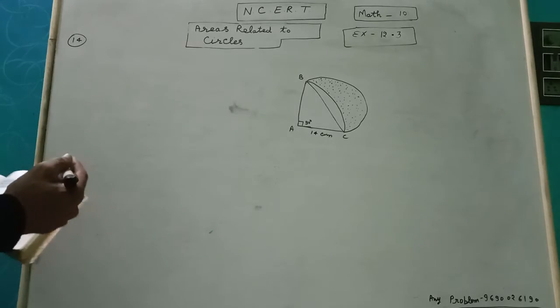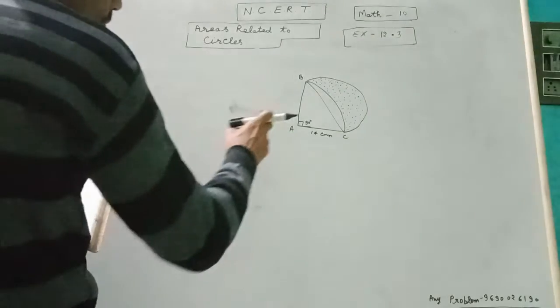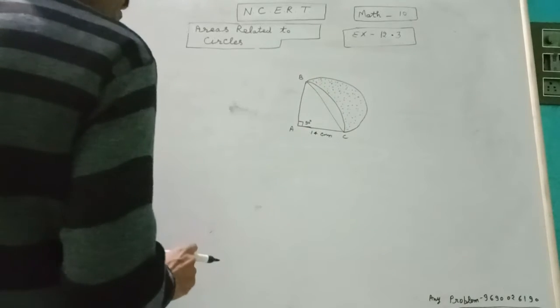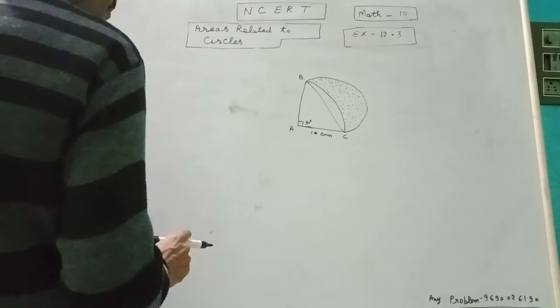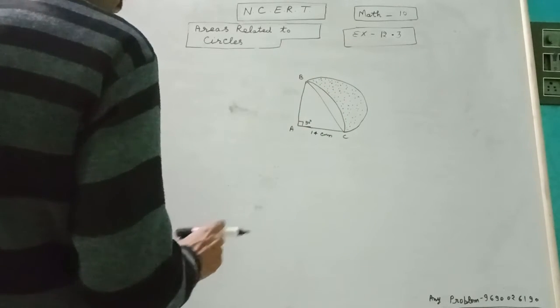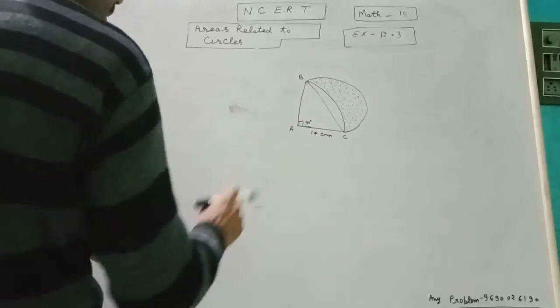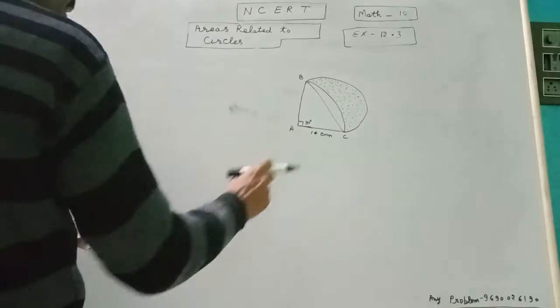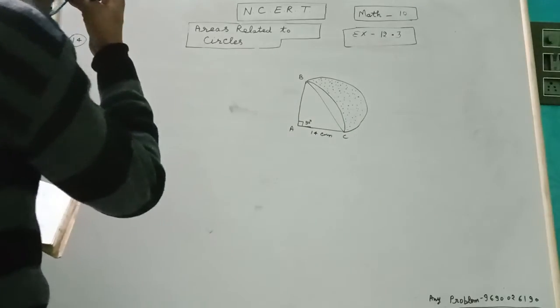At first find the area of triangle ABC and the area of the semicircle. Then subtract the area of sector ABC.